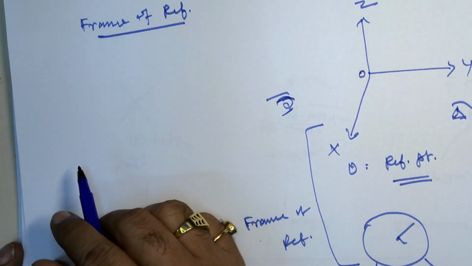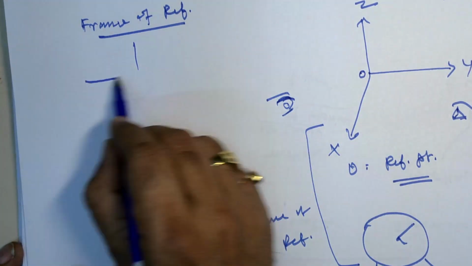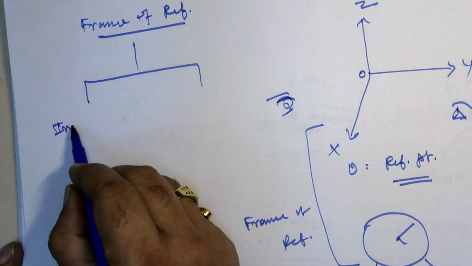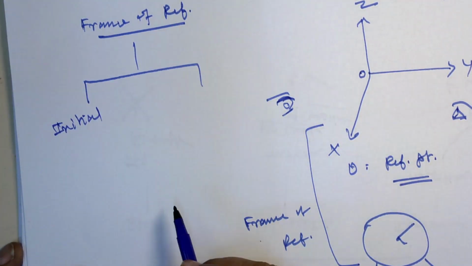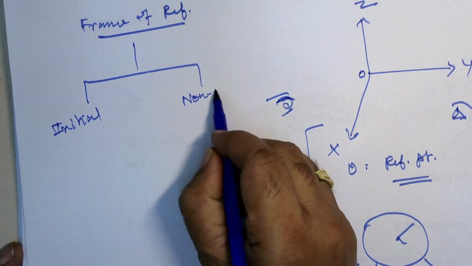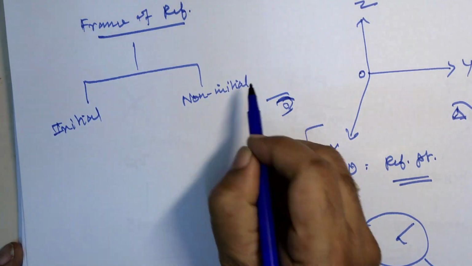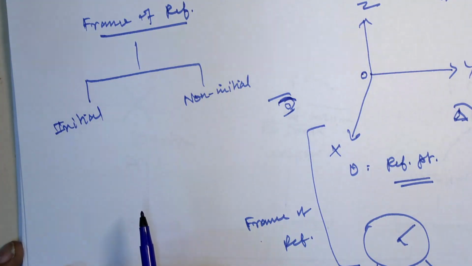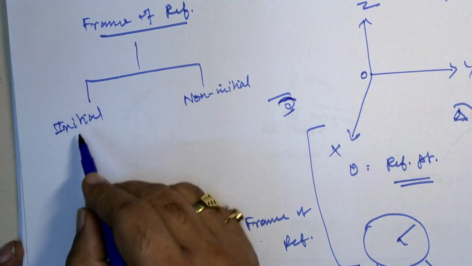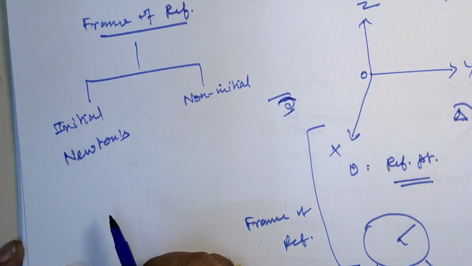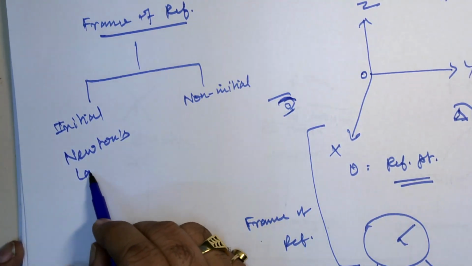The frame of reference can be of two types. One is called inertial frame of reference, second, non-inertial frame of reference. Here Newton's law of motion is applicable.